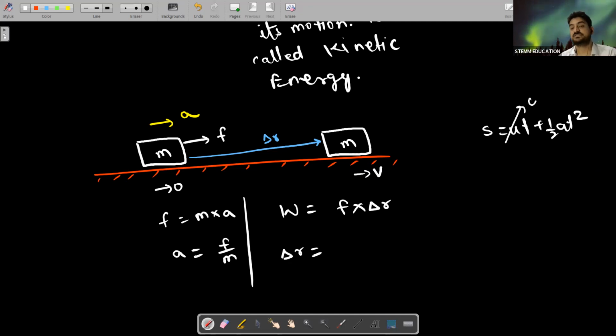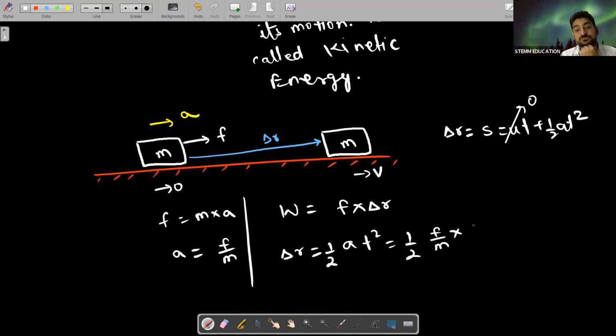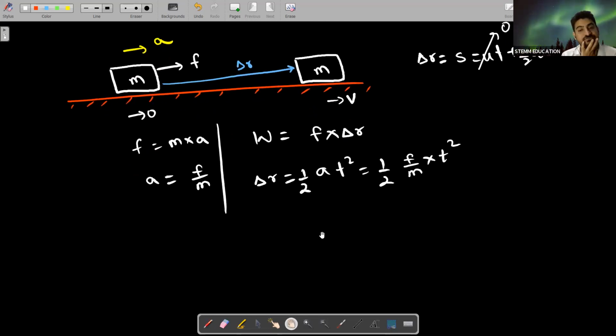Since the value of initial velocity is 0, we can take that delta r is equal to s, and that would be equal to half acceleration into t squared. What will be the value of acceleration? It would be equal to F over m. So half of F over m into t squared is equal to delta r.